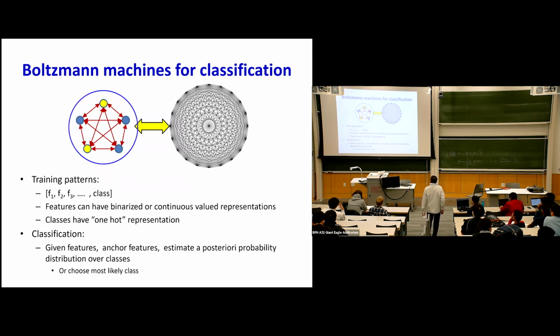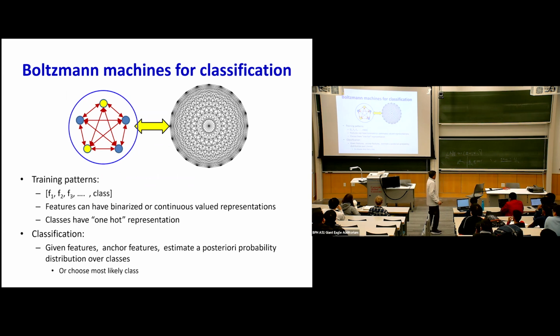Here's what I would do, right? I'm going to extend, for classification, you're given a class and a feature, right? I can represent the class as a one-hot or even a binary vector. And now I just extend my pattern by attaching the class bits to my feature bits.